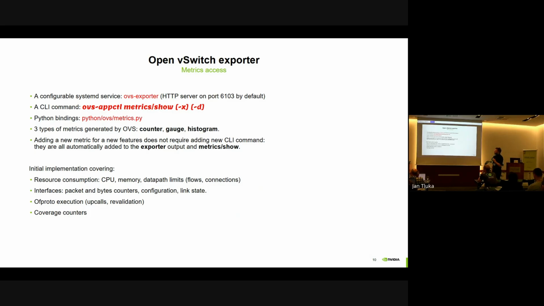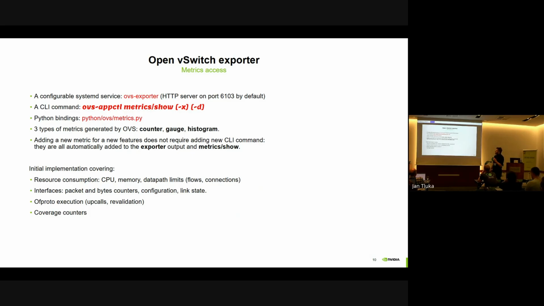You have Python bindings, so it's just a few classes, a few objects that will allow you to manipulate those metrics natively in Python. And in this framework, only 3 of the Prometheus types are supported: counter, gauges, histograms. Summaries didn't really exist yet natively in OVS, so I didn't want to add support for it.